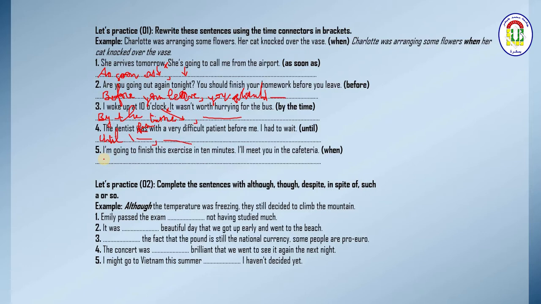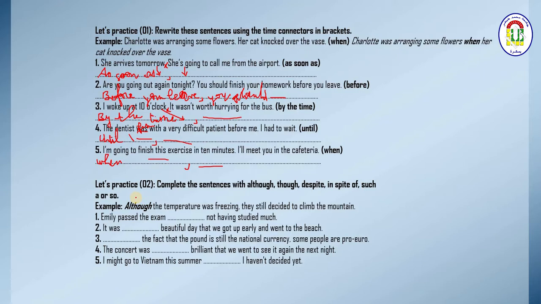"When I'm going to finish this exercise in 10 minutes, I'll meet you in the cafeteria." So, I'm trying to think with you. "When," it's the same sentence, comma, and the rest of the sentence. Okay. So it is very easy. Otherwise, you are going to change the places, meaning the positions of the sentences or the clauses.